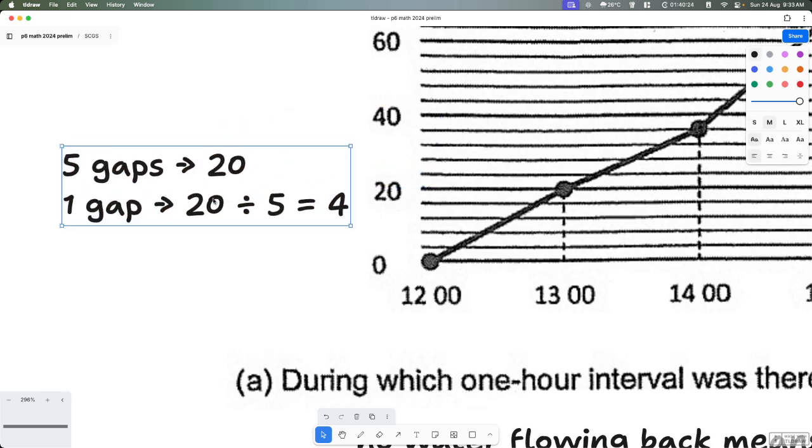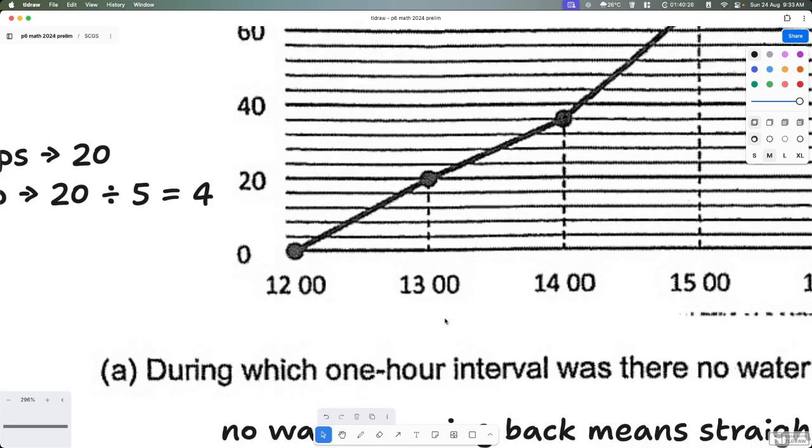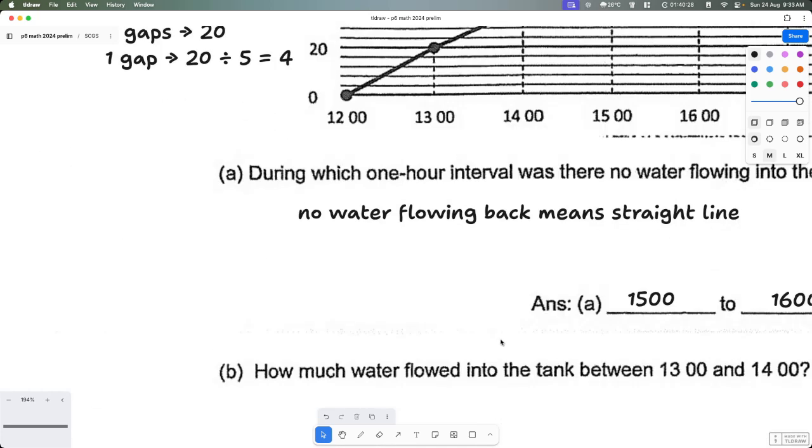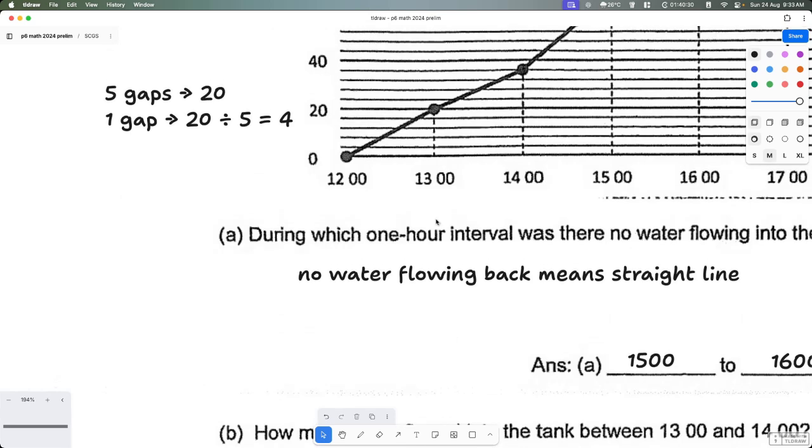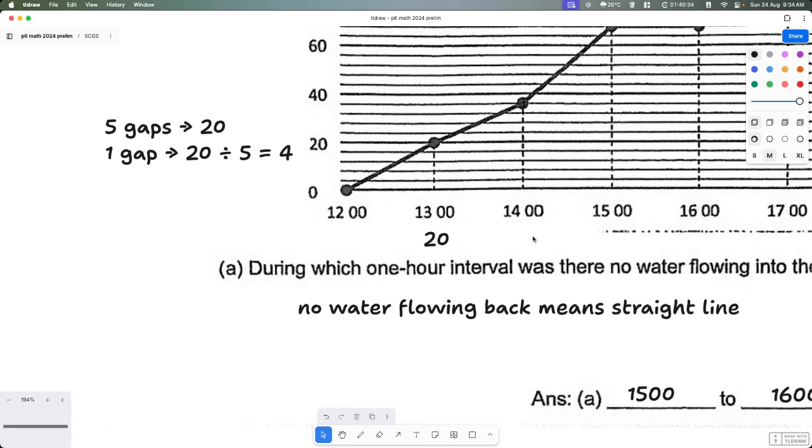So now we know how much one gap is. We know that at 1300 it is 20, and then 1400, let me draw a red line so it's easier to see, like this. Then we draw another line, one line before 40, so this should be 36 for 1400.